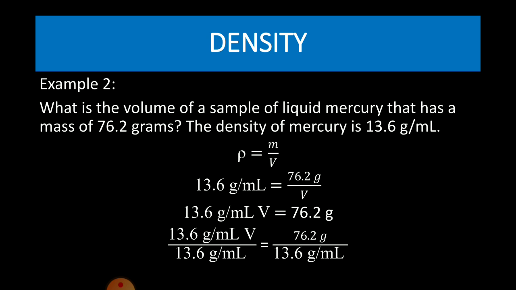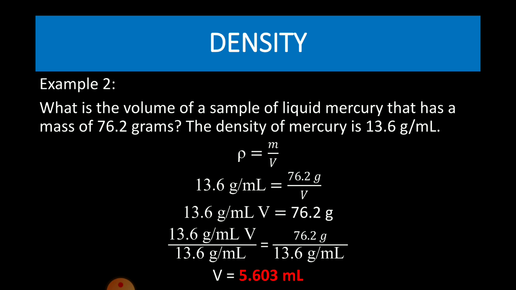So that is now 13.6 grams per milliliter V divided by 13.6 grams per milliliter. So the 13.6 grams per milliliter will cancel because that will result to 1. Then 1 times V, that will equal to V. So, V now is equal to 76.2 grams divided by 13.6 grams per milliliter.